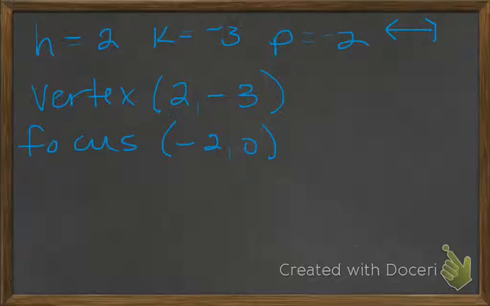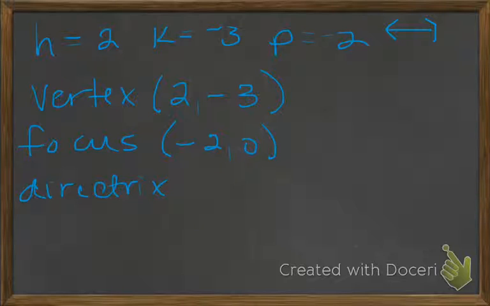Now, to find my directrix, I'm going to use my formula that said y equals, because we want it to be, I'm sorry, I am not thinking right. Let me back that up.